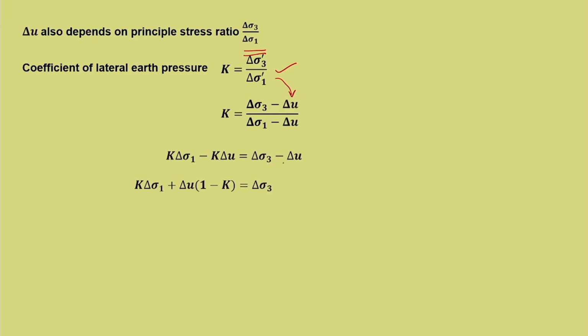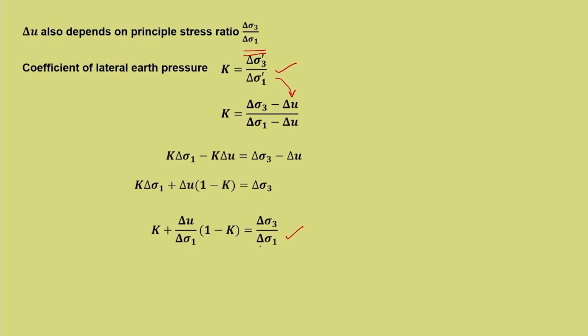Again, you can take delta u on this side, so that gives K into delta sigma 1 plus delta u into 1 minus K is equal to delta sigma 3. Dividing by delta sigma 1, we get K plus delta u by delta sigma 1 into 1 minus K is equal to delta sigma 3 by delta sigma 1.